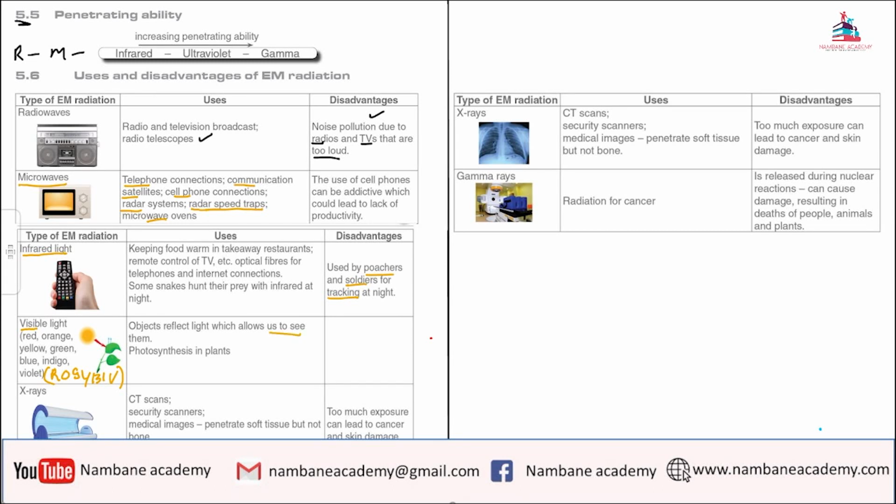If it wasn't for visible light, we would not be able to see any object. That is the reason why when it is very dark, ladies and gentlemen, you don't see anything. But once it is daylight, you are able to see other objects around. Why? Because of the visible light. It is important for photosynthesis, and fortunately, it does not have any disadvantages.